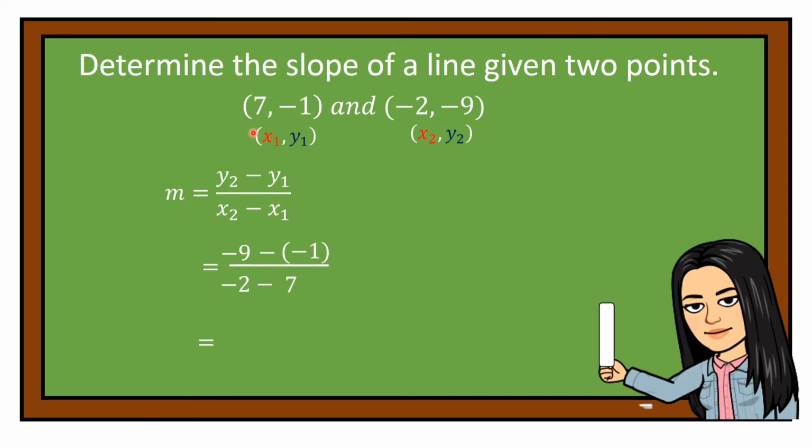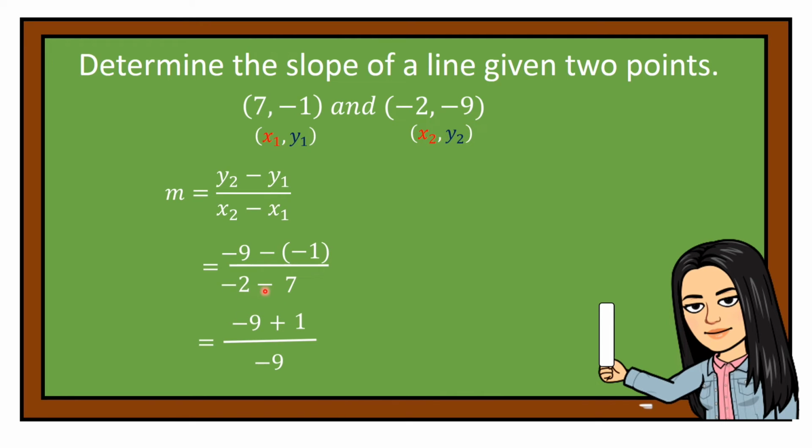So, that would be equal to, so we have here negative 9, and then let us show that negative times negative 1 will be equal to positive 1 over negative 2 minus 7 is equal to negative 9.